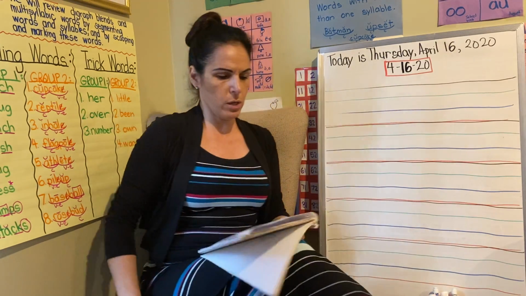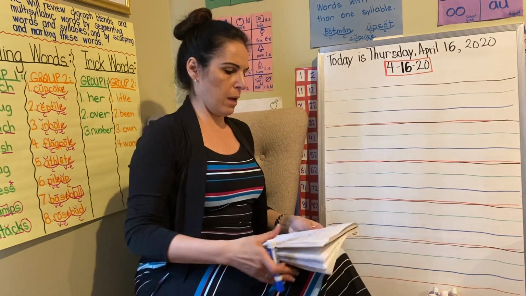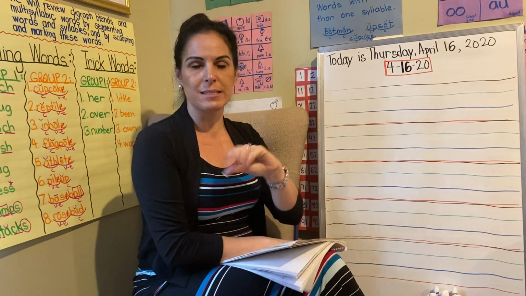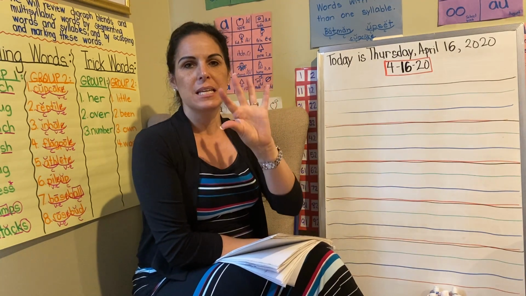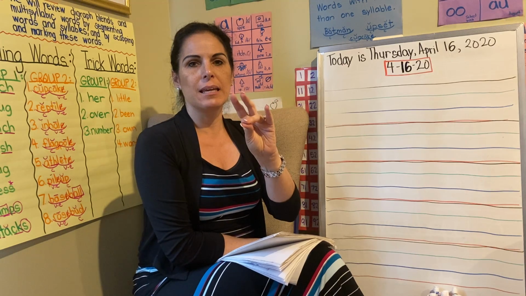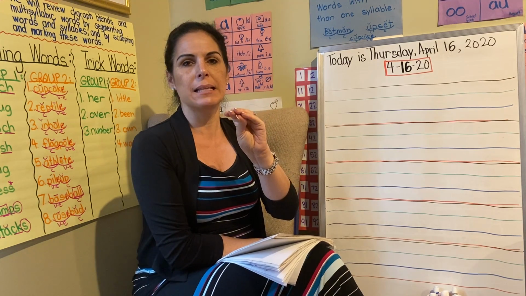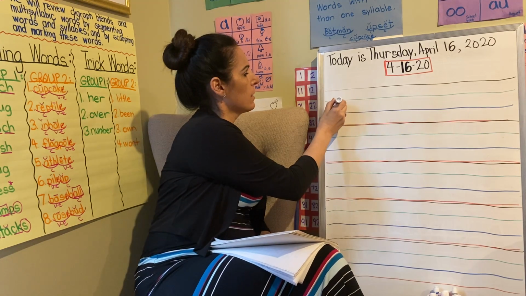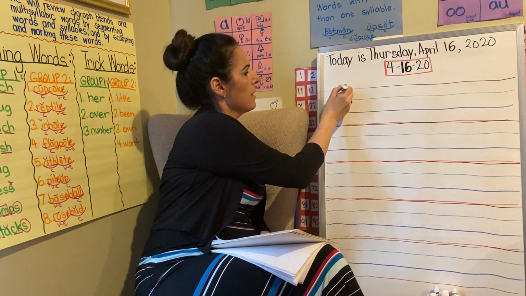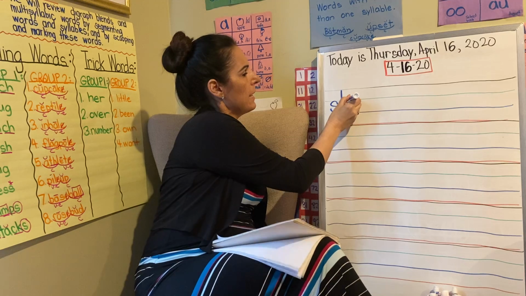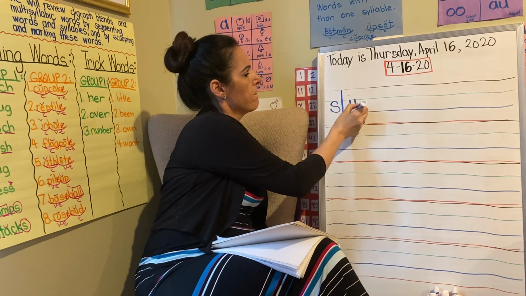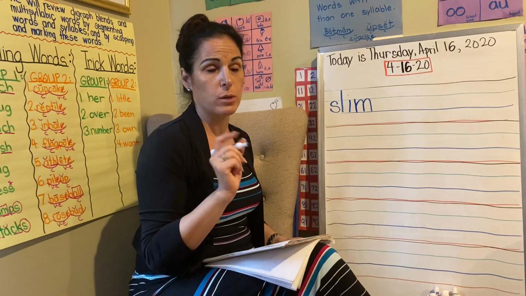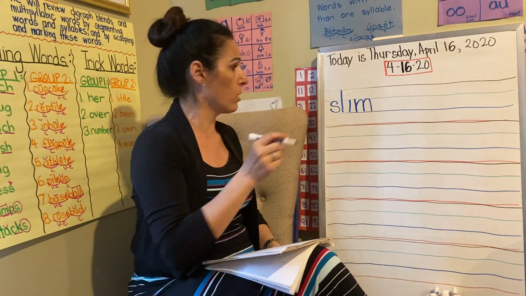All right. So we're going to review our digraph blends. So let's start with the word slim. Let's tap out the word slim. S-L-I-M. Slim. So we first hear sl, the blend S, L, sl, I, M. And when you're writing your words, I hope everyone's writing it on their dry erase board or on their paper and pencil.